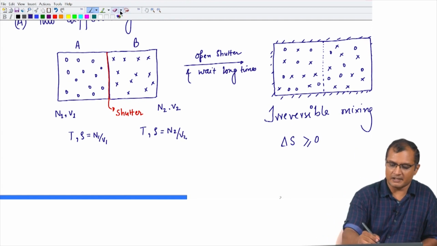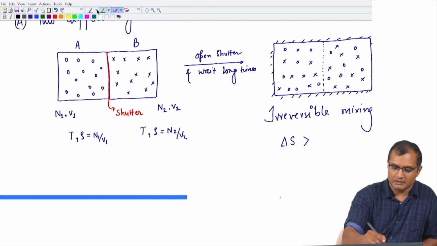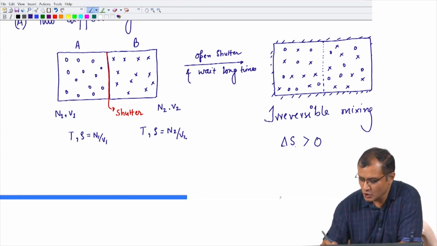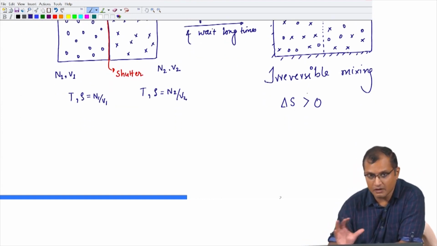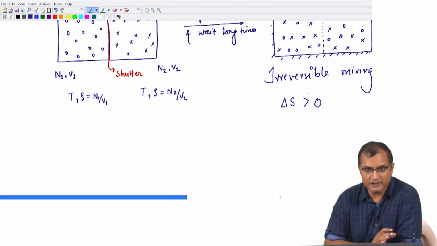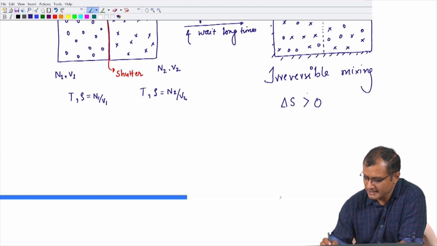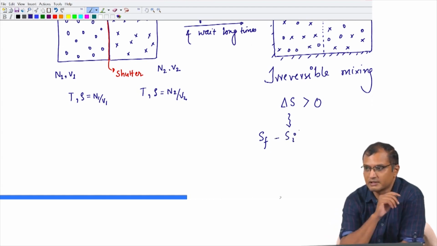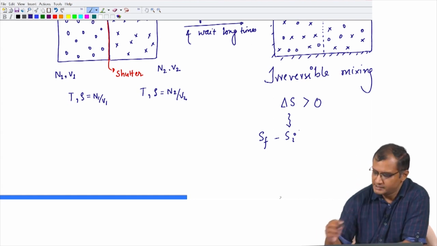Okay. It is in fact greater than 0, the equality should not be there, and I will call this the entropy of mixing. Now, what is delta here is basically the entropy of mixing, or the total entropy difference initially and finally. Okay. So, this delta is nothing but the entropy of the final configuration minus the entropy of the initial configuration, and this is a positive number. We can calculate this.